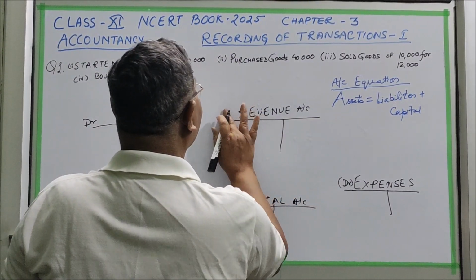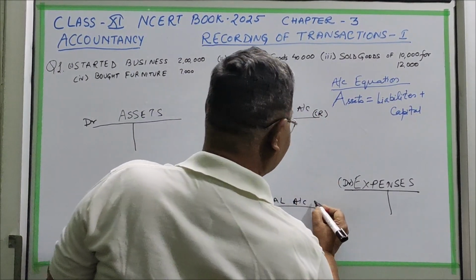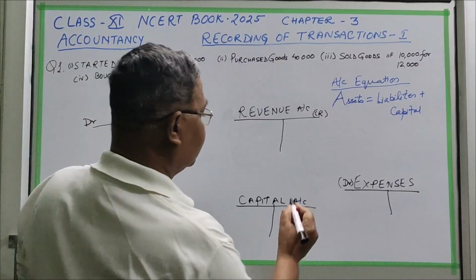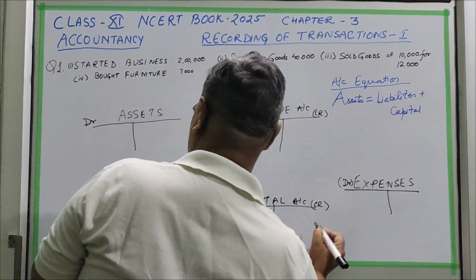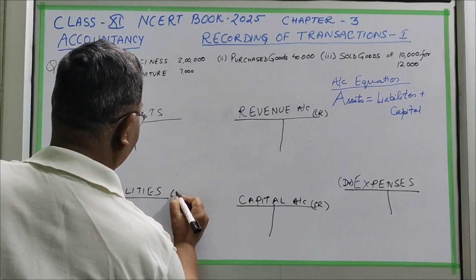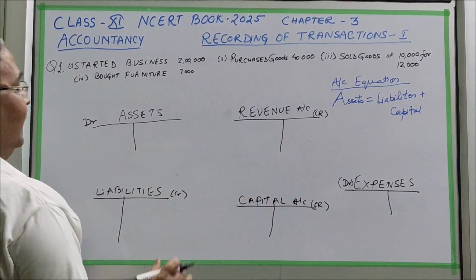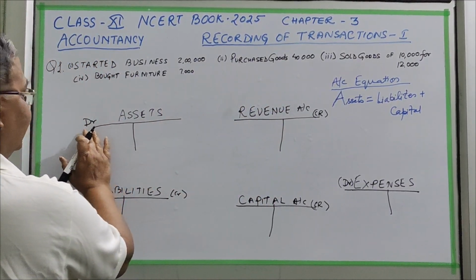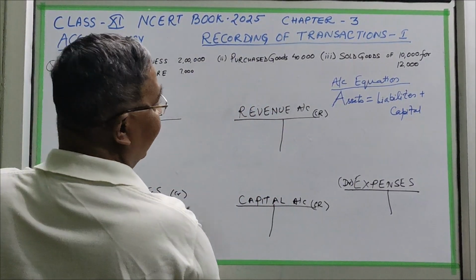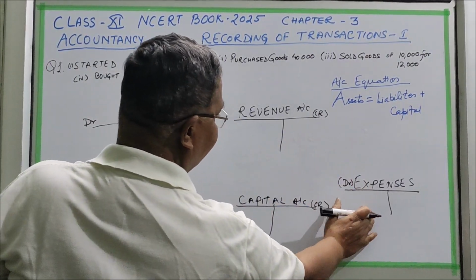Then capital account is a liability, so it is always a credit account. Then liabilities are all our credit accounts. So basically, as per double entry system, whatever transaction will take place, either it is assets, or liabilities, or capital, or income, or expense.